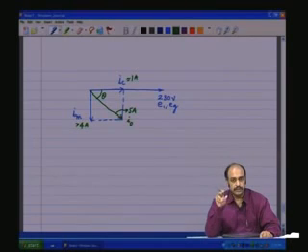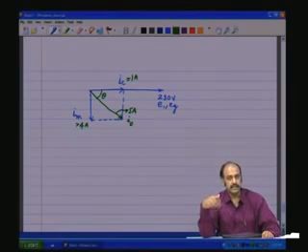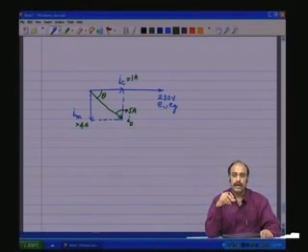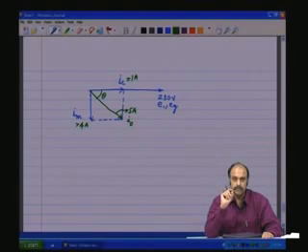Now, that is going to link to the secondary turns N2 and generate a voltage E2, and if there is a load on the secondary, there is a current I2 flowing in the secondary. Now, that secondary current is also going to produce a motive force within the core, which is N2 I2. Now, N1 I1 and N2 I2 will be opposing in nature, because on one side the power is entering the transformer, the other side the power is leaving the transformer, and because of this opposing nature, they cancel each other and there is an effective flux in the core.